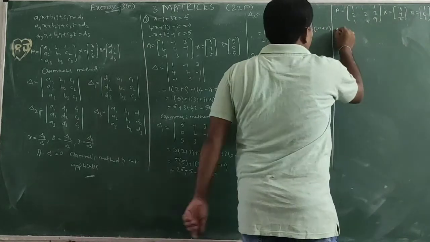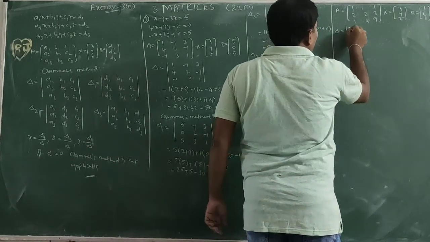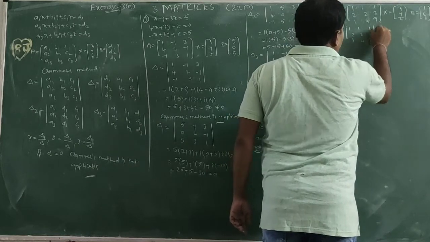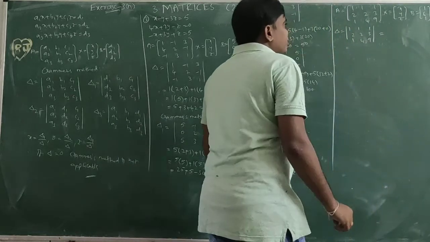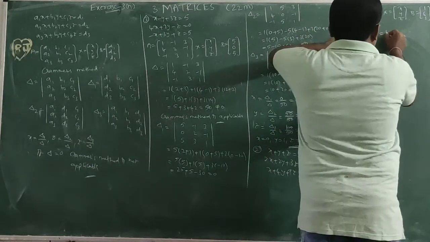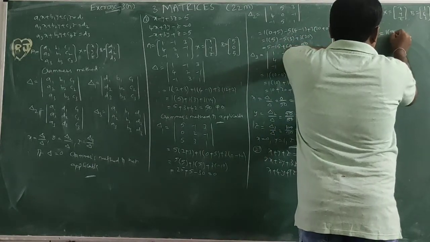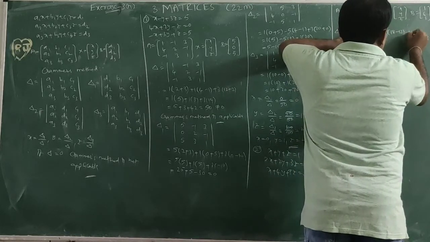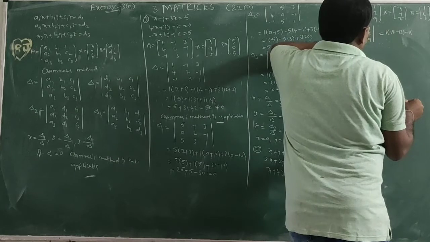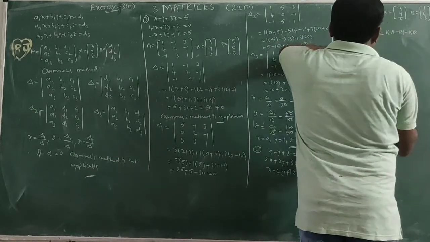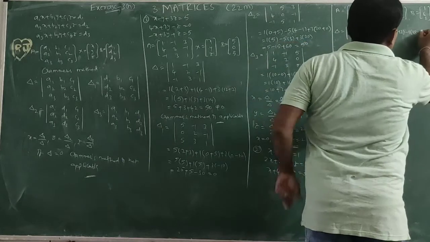Next, first delta. Delta equal to the determinant 1, 1, 1; 2, 2, 3; 1, 4, 9. Expanding: 1 half, 2 into 9, 18, 4 into 3, 12, 18 minus 12. Minus 1 half, changing the sign, 2 into 9, 18, 1 into 3, 3, 18 minus 3, 15.